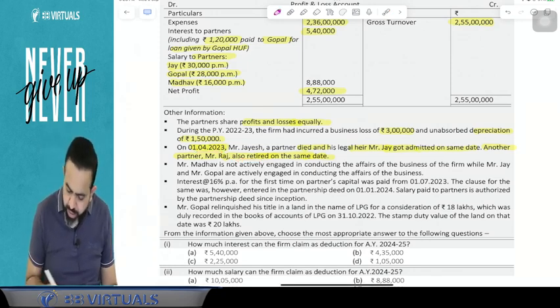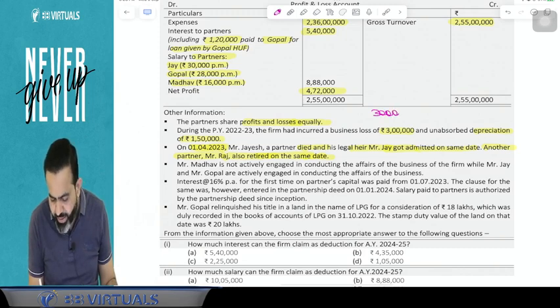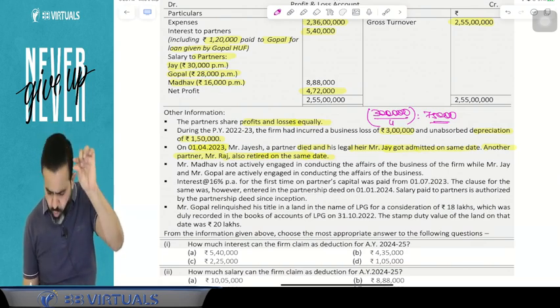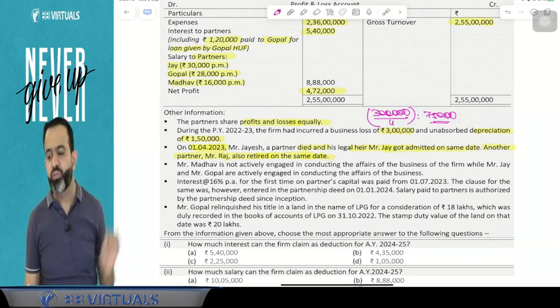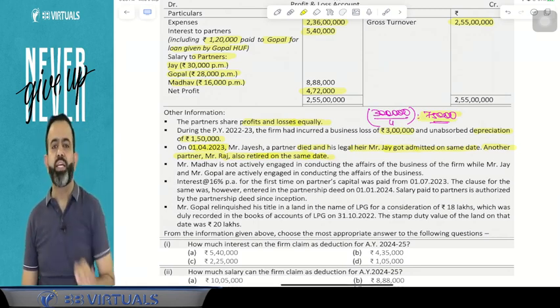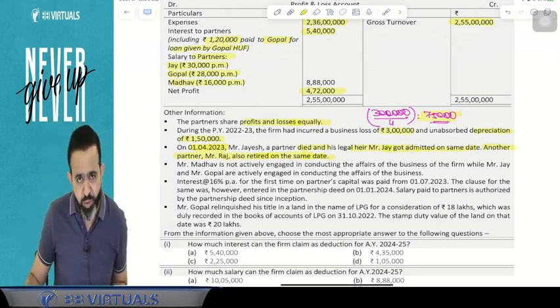So can I say that the losses of last year, 3 lakh divided by 4 partners, so one partner's loss is 75,000. So the 75,000 is the loss share of Raj in the losses of the partnership firm. So this 75,000 is not allowed to be set off and carried forward by the partnership firm. You got my point or not?